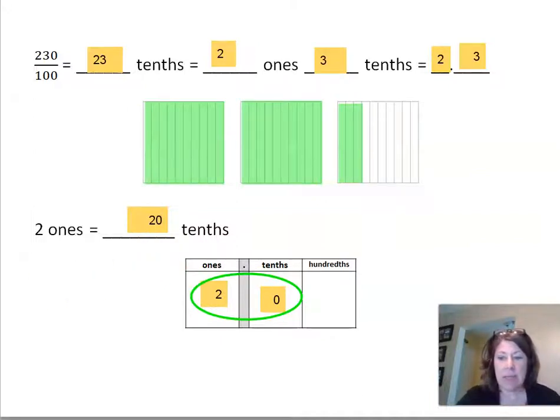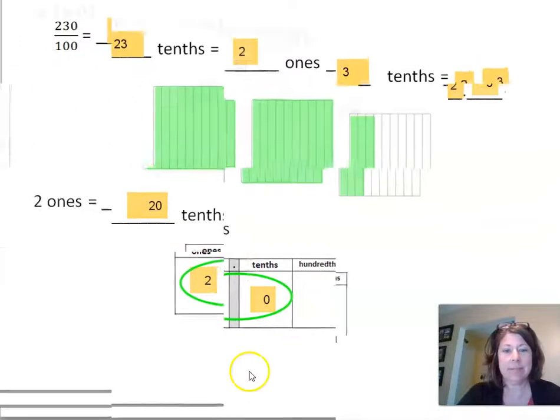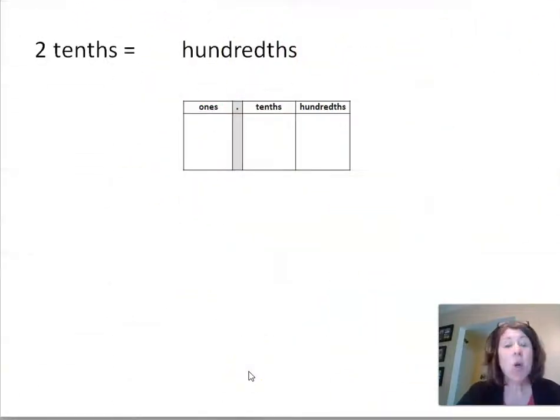Here's my 2 wholes. 1 tenth, 2 tenths, 3 tenths, so on and so on. 10 tenths and another 10 tenths gives me 20 tenths. Let's do another example like that. So now for our next example, we're actually going to express our tenths as hundredths in our place value chart. So the first thing I'm going to do is put a 2 in the tenths place. How many hundredths do I have here?